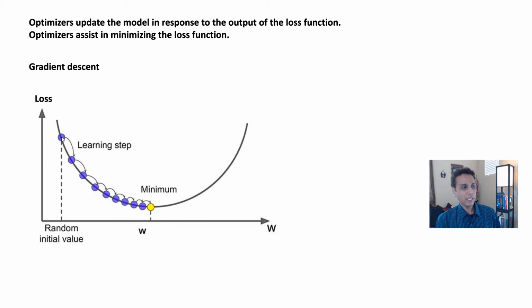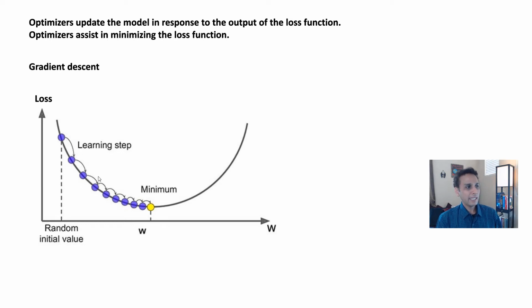The next step may be in this direction. We don't know. The next step may be in this direction, right? And then it calculates the loss and it's like, that's pretty high compared to the last one. So let's go the other way. And then it goes in this direction, and then it calculates, hey, loss is getting better. Go further. Next step. And the steps here are called the learning rate in general.